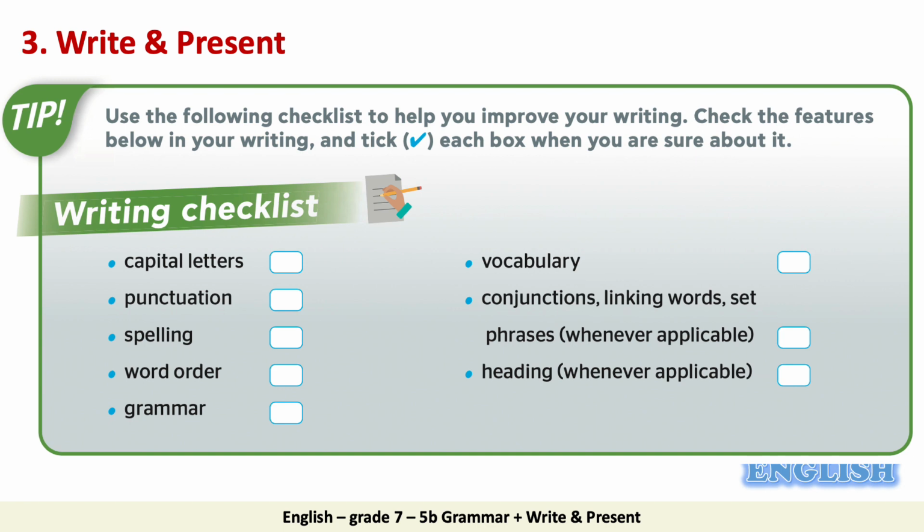Make sure you use capital letters. Check punctuation, spelling, word order, grammar, vocabulary. Make sure you use conjunctions, linking words such as and, because, so, and but. Also, use set phrases and headings whenever applicable.